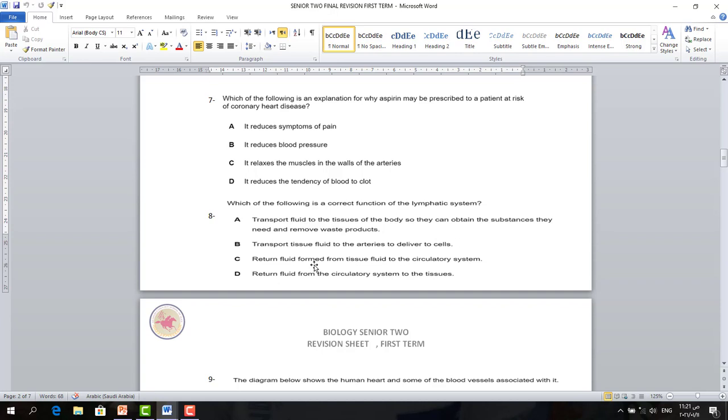Return fluid formed from tissue fluid to the circulatory system. Return fluid from the circulatory system to the tissues. Return fluid, yes, formed from tissues to the circulatory system. Yes, as you looked at before.